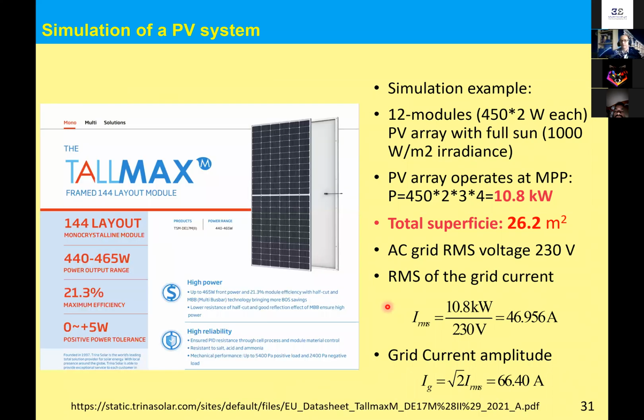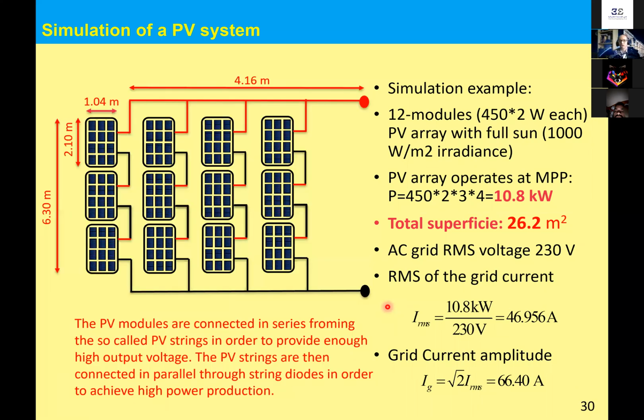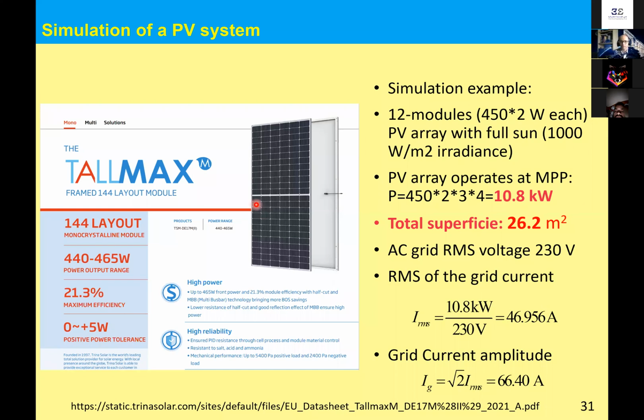So this information is taken from a commercial PV module, which is this one. The power rating is between 440 and 465 at full irradiance. The efficiency of the PV module is about 21 percent according to the manufacturer.